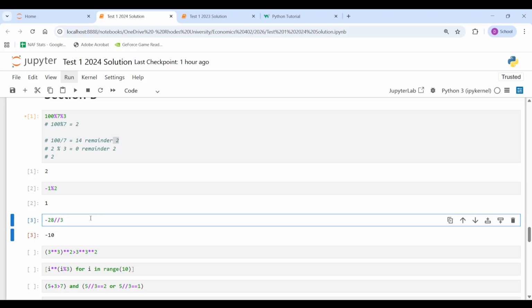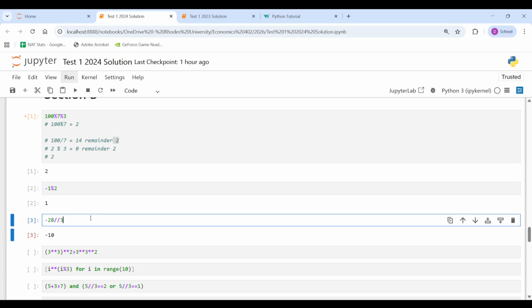Round that down to the nearest whole number is negative 10. Why don't we round off to the nearest? It's performing integer division.